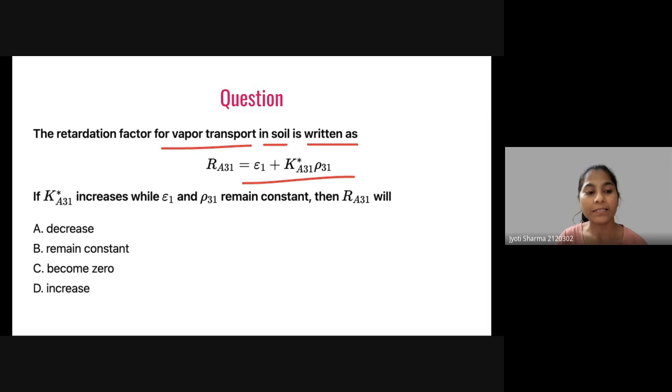If we increase this K star a31, while epsilon 1 and rho 31 remain constant, then if we are increasing this one, the retardation factor will also increase, because this is directly proportional. So D1 is the right answer.